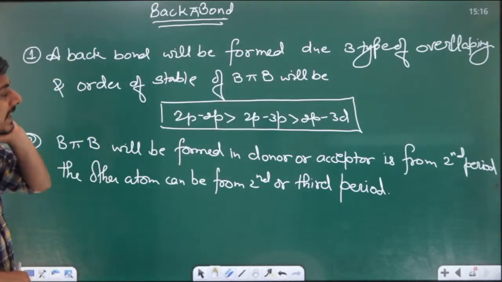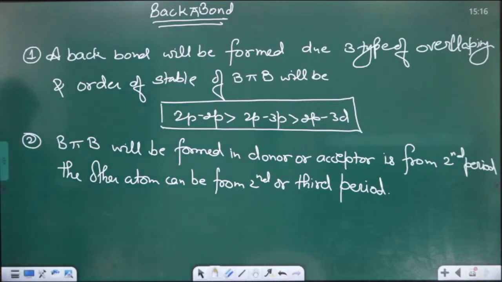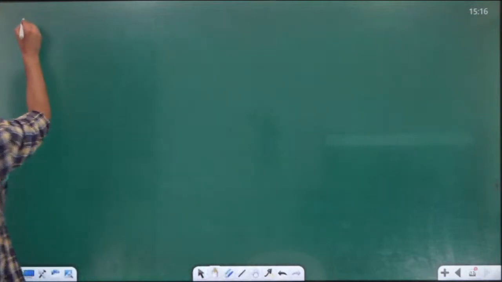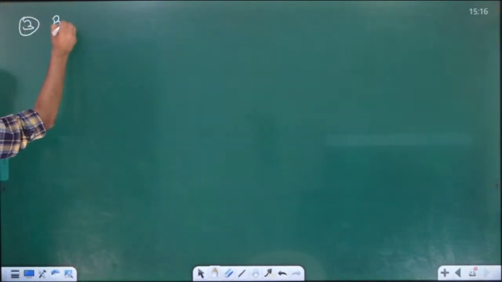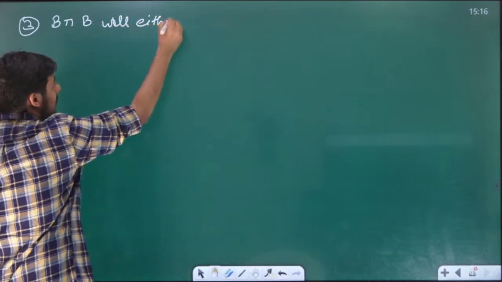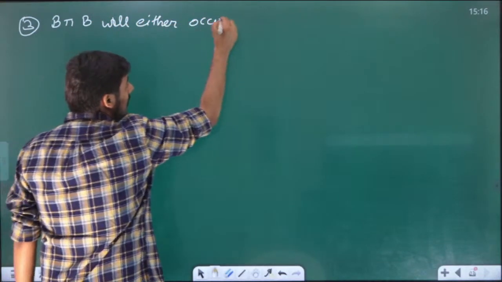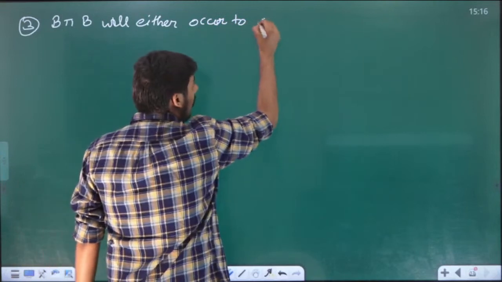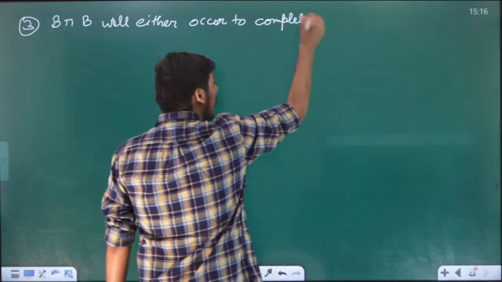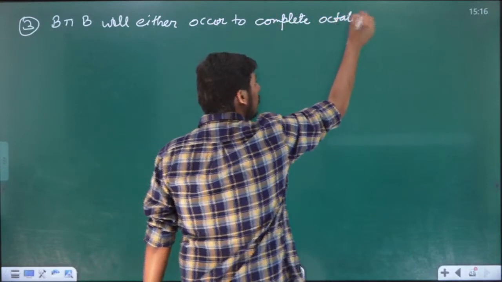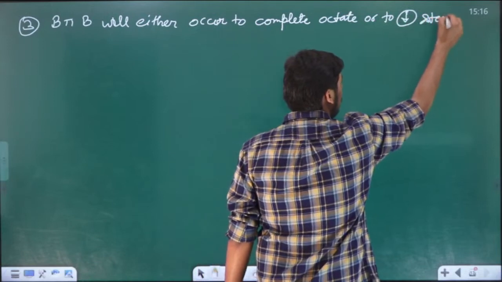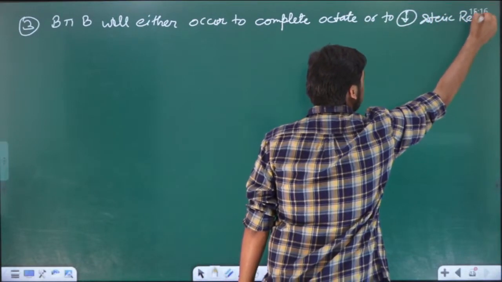So this is one statement that I can write. Another statement that I can write about back bonding is, there are basically two driving forces for back bonding to take place. We can write it down. Back pi bonding will either occur to complete octet, or to decrease steric repulsion.